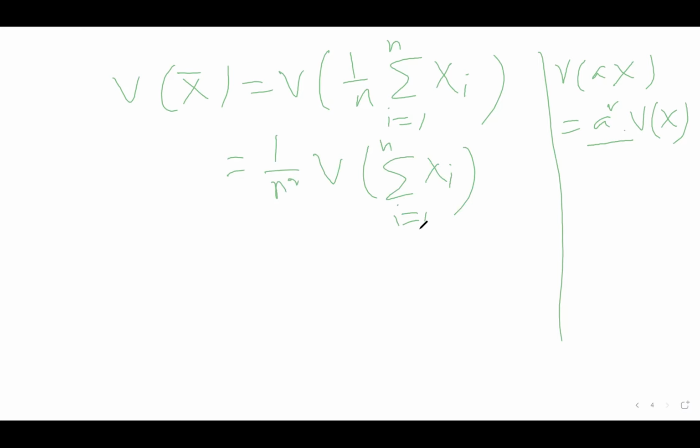And variance also has a nice property if xi's are independent. If xi's are independent, then we can distribute variance to each one over the sum.